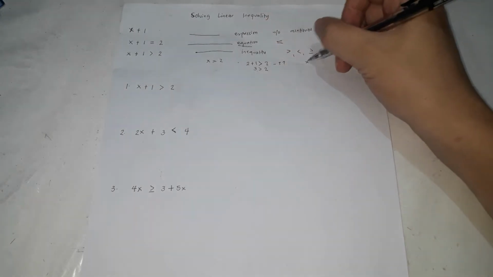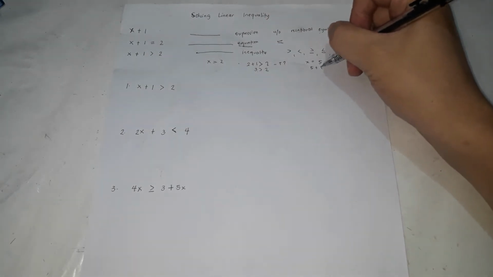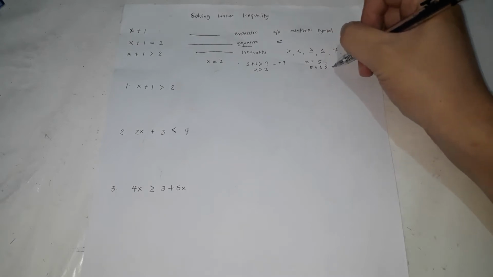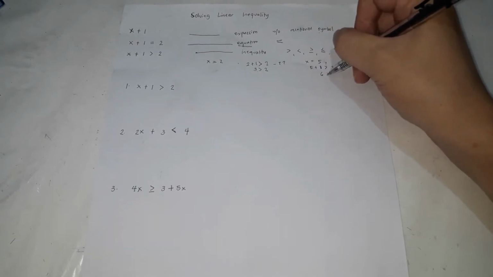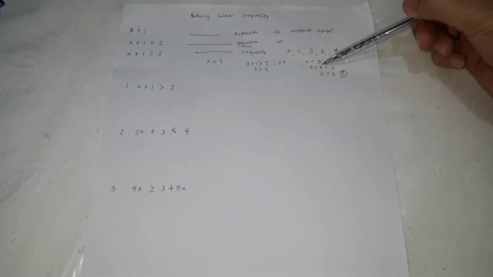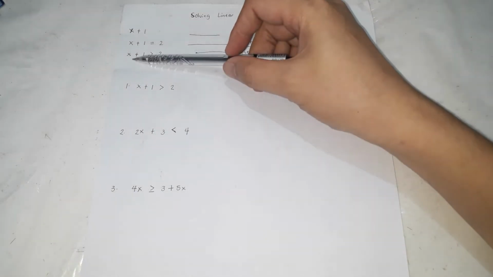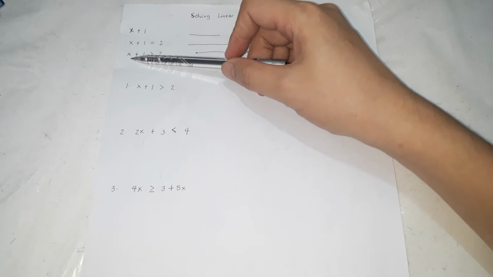What if x is equal to 5? So, 5 plus 1, is it greater than 2? 5 plus 1, 6. Is it greater than 2? True. So, it is true for 2, it is true for 5, and actually, there are many values of x. Pwede 2, 3, 4, 5, 6, 7, 8, 9, 10.